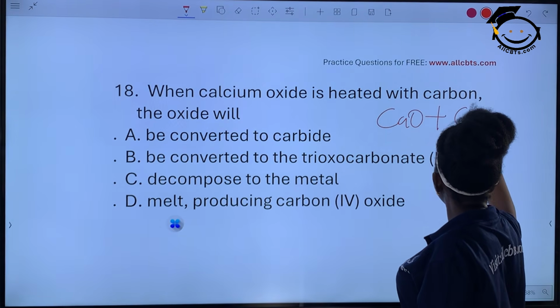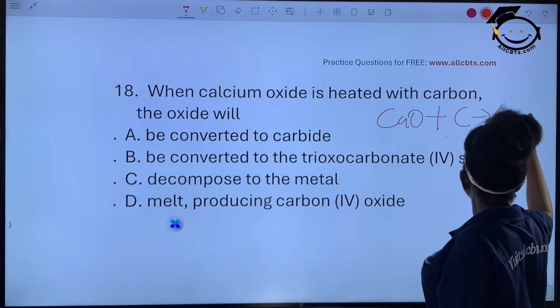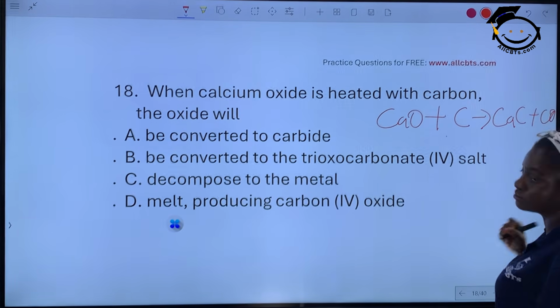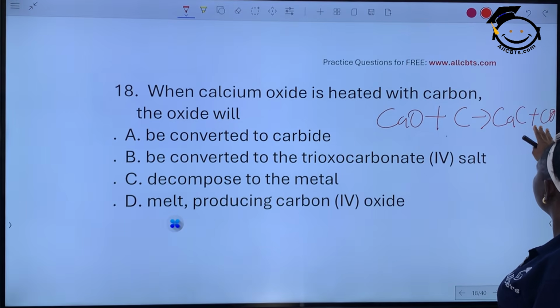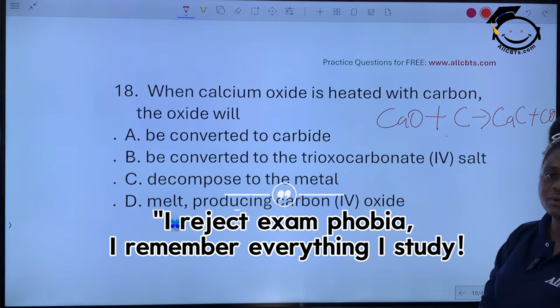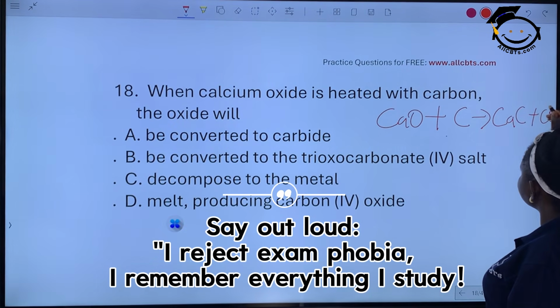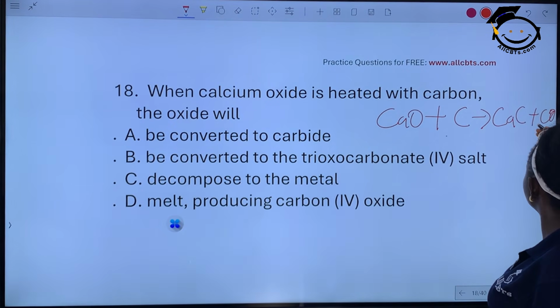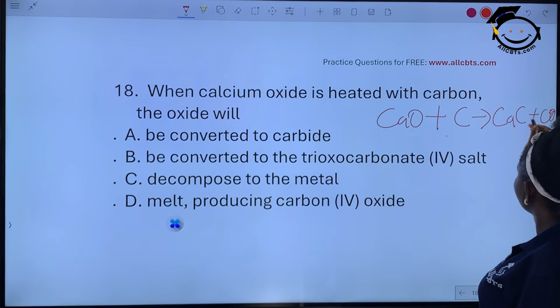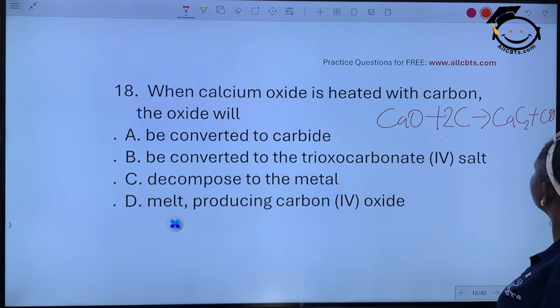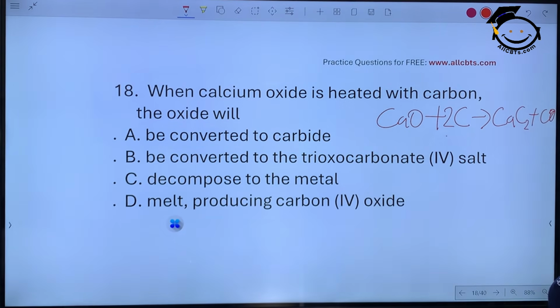reacts with carbon, we have calcium carbide plus CO. It releases carbon monoxide. All right, so looking at this equation, we need to balance it.